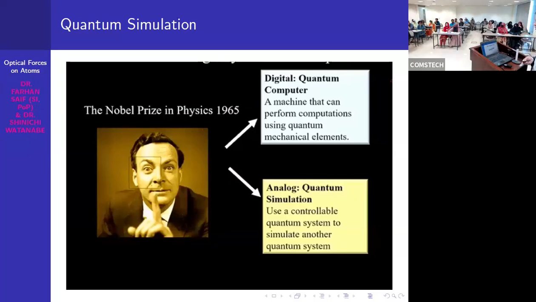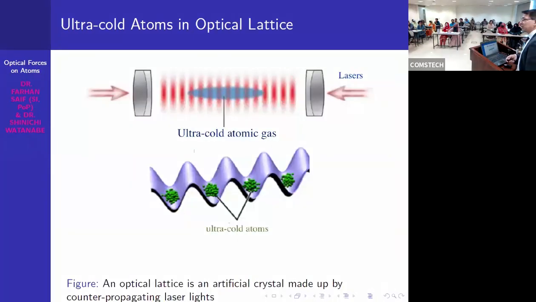So with this, we can also develop these optical lattices where we use atoms as a prototype of our solid state crystal lattice. Because in a solid state crystal lattice, we have atoms coming one after the other, and an electron is hopping on them. So here we can develop a one-dimensional optical lattice, which has atoms in it. And the good thing is that now these atoms can tunnel from site to site.